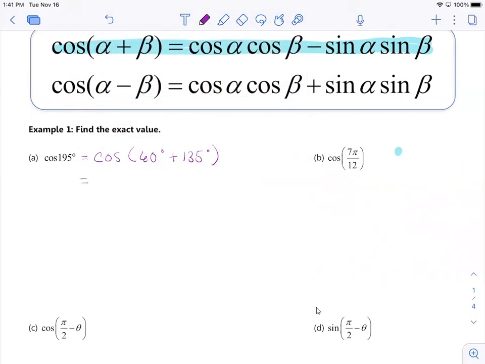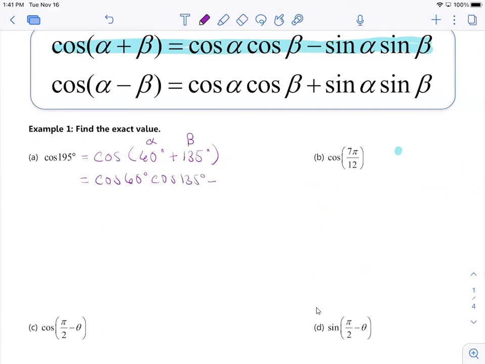So this is my alpha, this is my beta, or my A and B. I'm going to say this is cosine of 60 degrees times cosine of 135 degrees minus sine of 60 degrees times sine of 135 degrees.